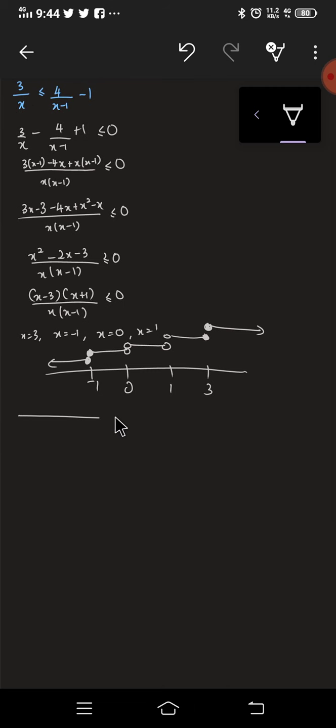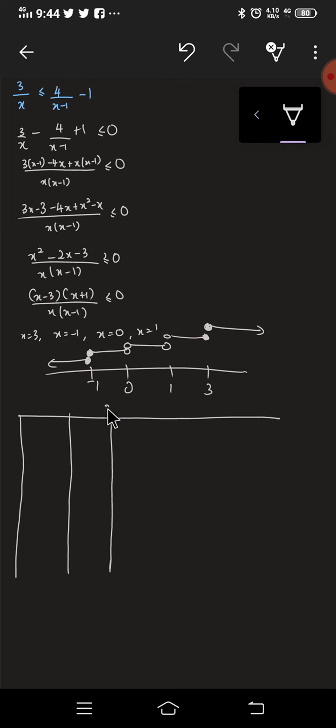Now draw your table of signs following the intervals: the first interval, when x equal to negative 1, this one x equal to 0, this one x equal to 1, and this one x equal to 3.